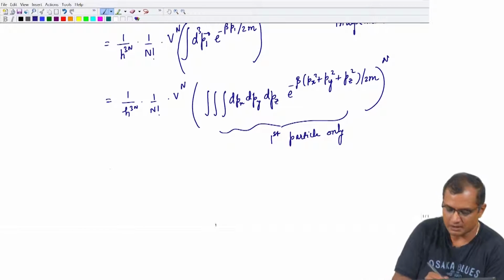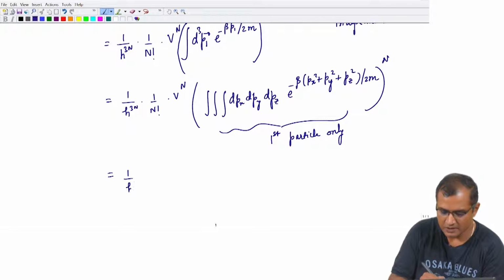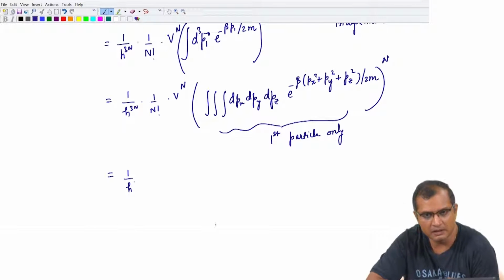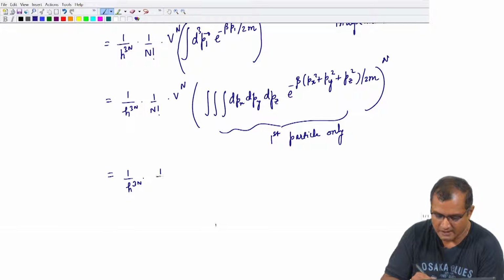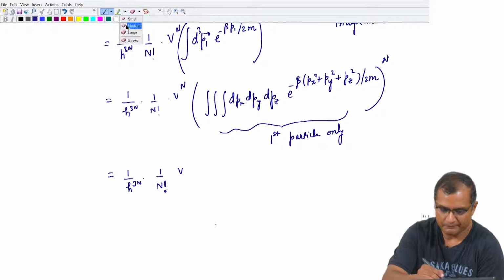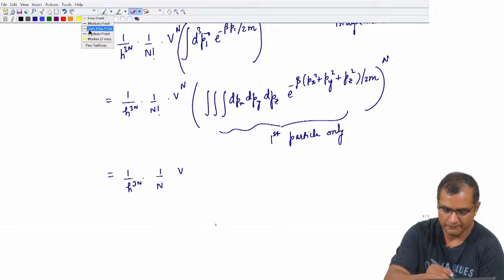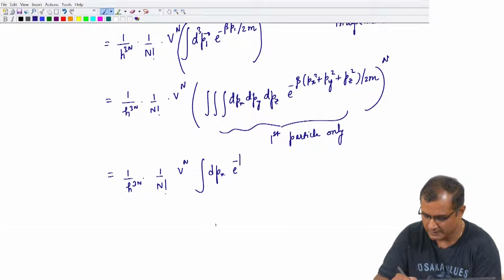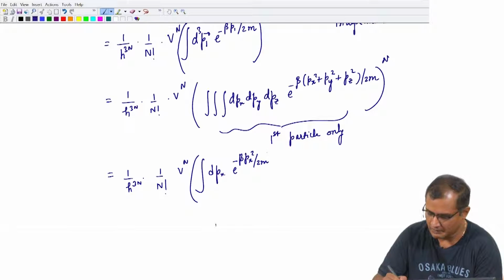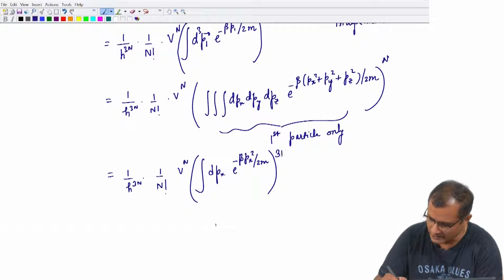Now, you can see that each component of the momentum of any particle is independent of the other components, which means further simplification is possible here. I can write this as simply the integral dpx e raised to minus beta px square by 2m, but now I have to raise it to power 3, there was already a power n sitting outside.